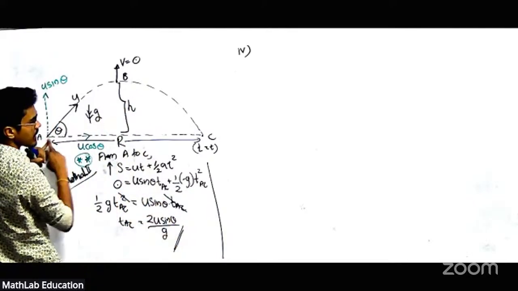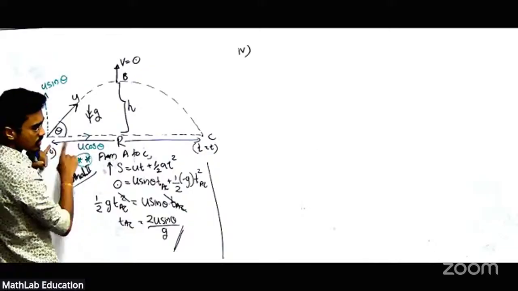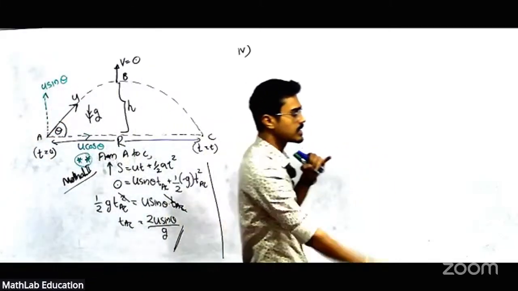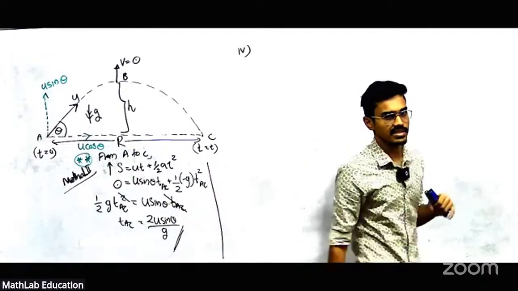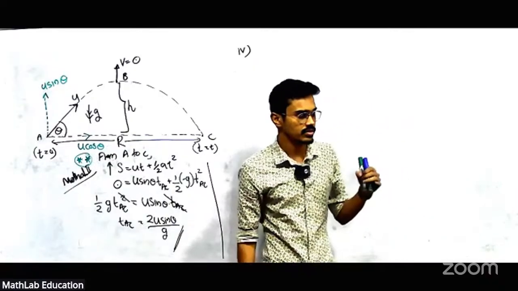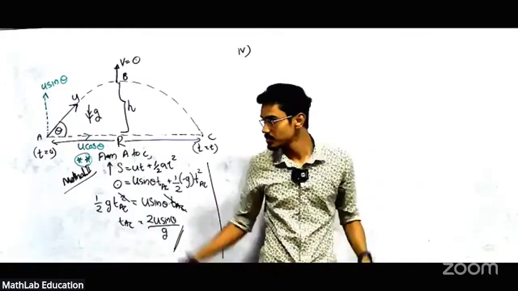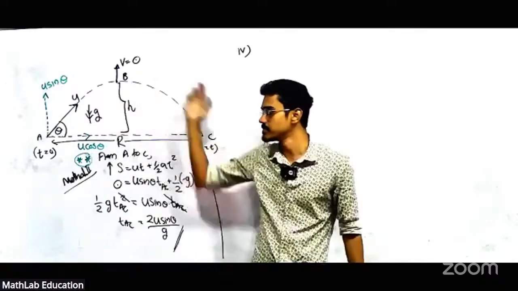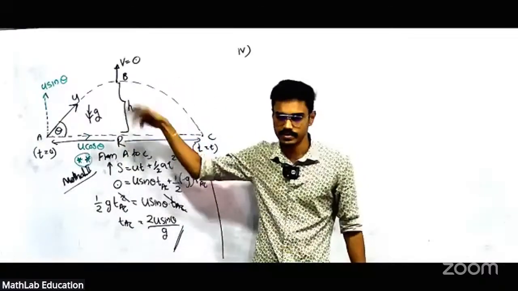Horizontal range of a projectile is from A to C. Horizontal range is the horizontal distance traveled by the projectile. That is called the horizontal range. Likewise, there are technical terms, special jargon, when it comes to projectile motion. Horizontal range of projectile motion is this. Flying time is the total time. Maximum height is the maximum height. It makes sense, no?